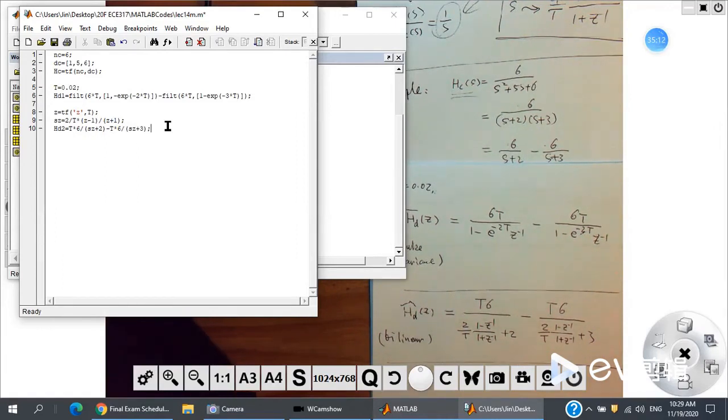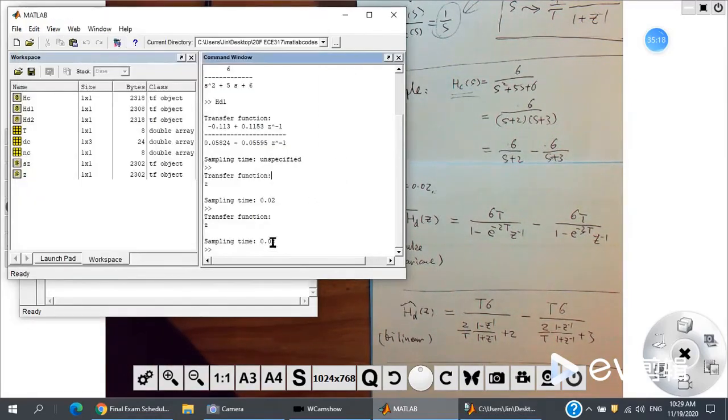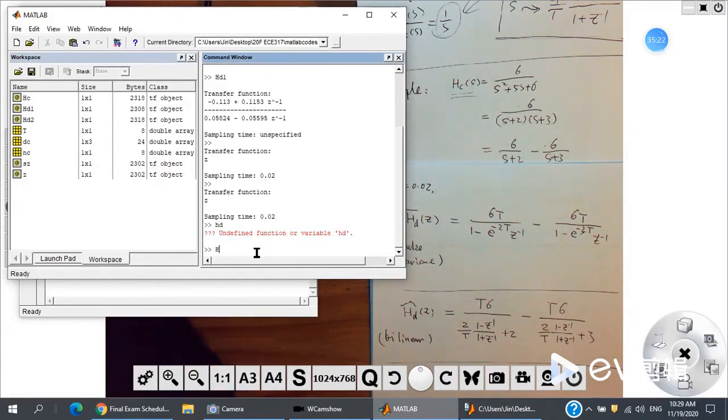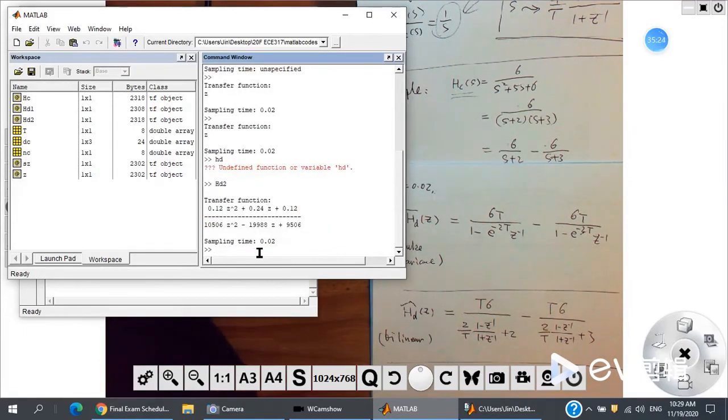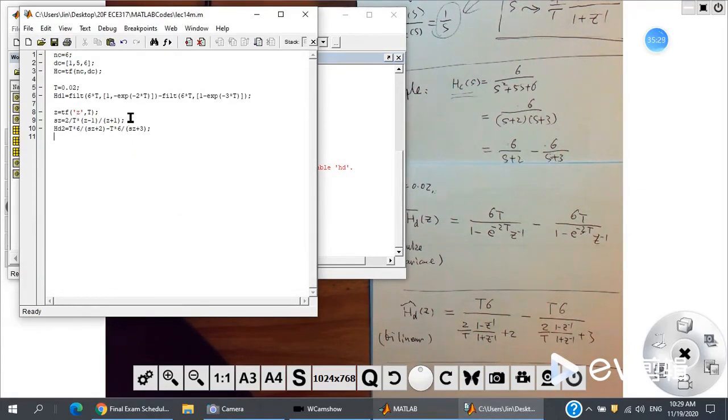Yeah, I leave all the calculation to the computer. I should have HD2. Yeah, I have HD2. Okay, so I have all of these three. One is HC, the original one, HD1 and HD2. They are discrete time ones.